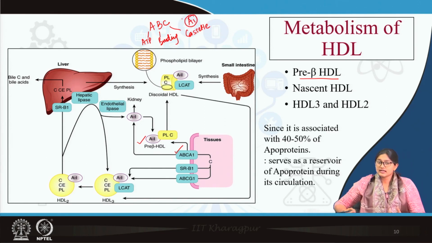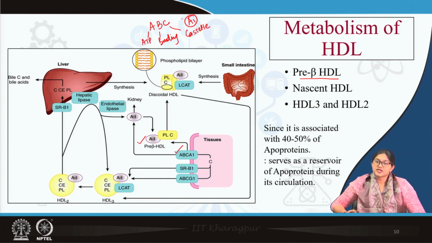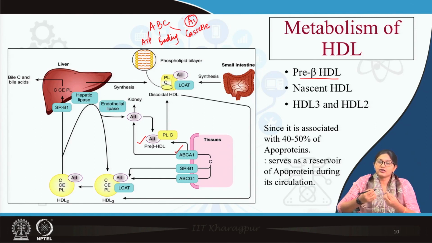So, this ABCA1 is responsible for delivery of cholesterol from extrahepatic tissue to pre-beta HDL. Now, what happens when there is cholesterol and phospholipid accumulated in this pre-beta HDL? The enzyme LCAT is activated.